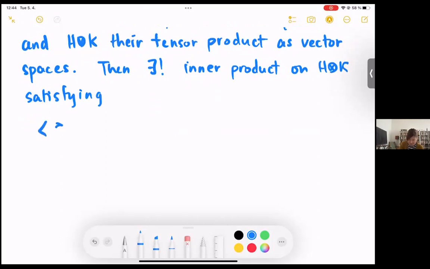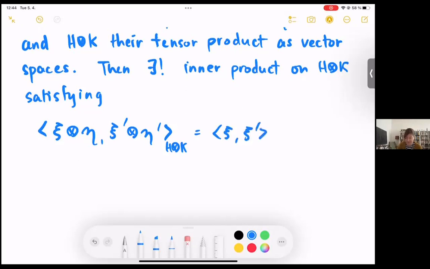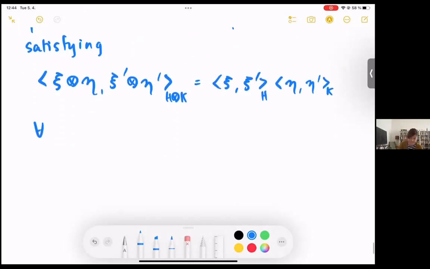If we look at these simple tensors, and we want to know what is this inner product, well, it's just the inner product of the xis in H times the inner product of the etas in K.